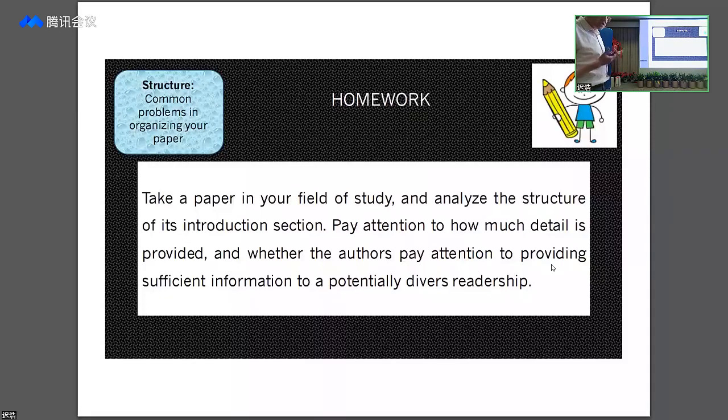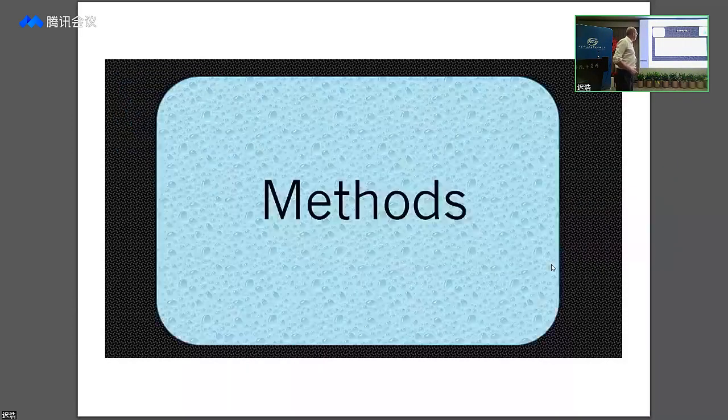Can you actually see whether the authors pay attention to their diverse audience, or have they not provided sufficient introduction material for all the different readers: the young researcher, the competitor, maybe someone who's looking for a new field of study, readers of your paper that may not be experts in your particular field? This is homework that you can do after class, whenever you read a paper.